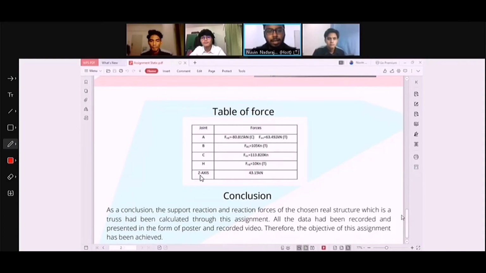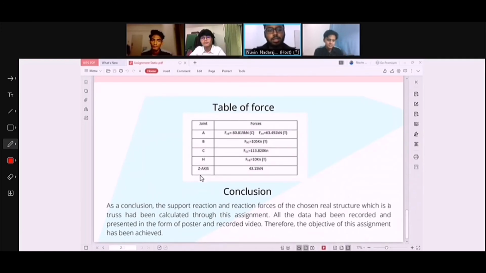Meanwhile, at joint C, the force FGC is 113.820 kN. In joint H, the force FHB is equal to 10 kN tension. For the special case of the Z-axis at point A, the force is 43.15 kN.